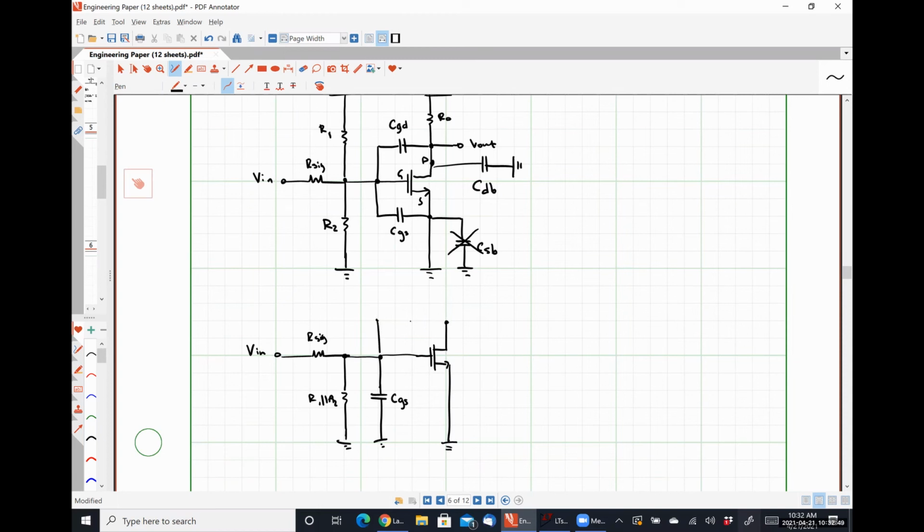I'm going to have that capacitor CGD show up here. Here is RD. Here is CDB. And here is V out.